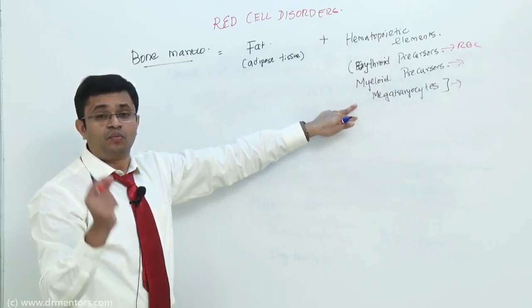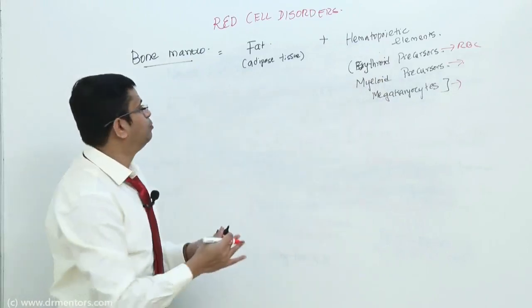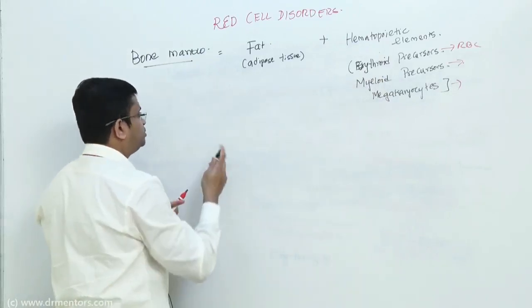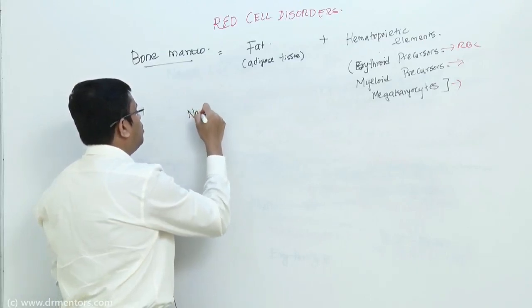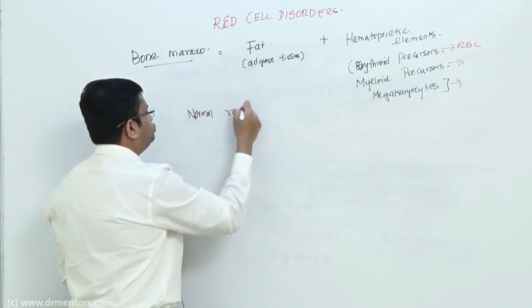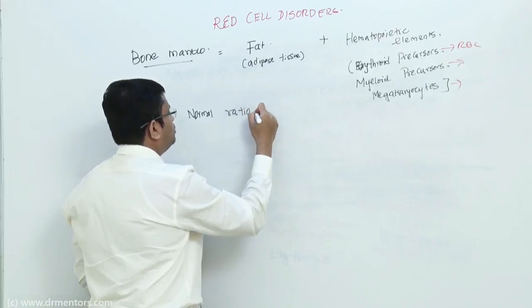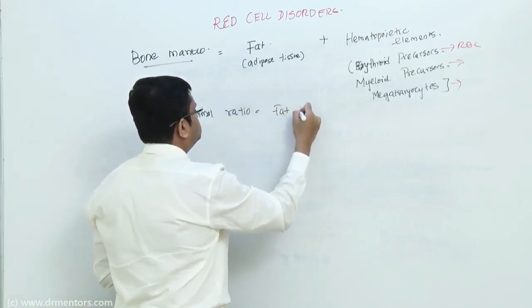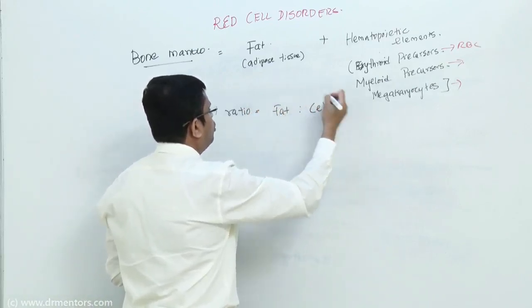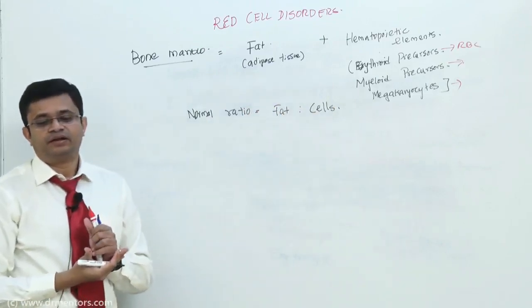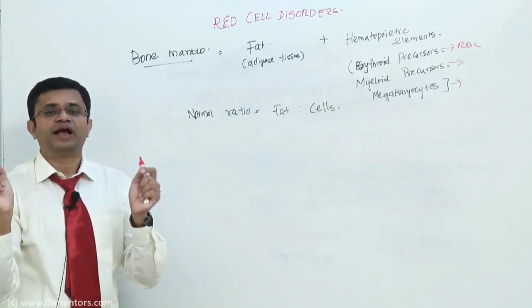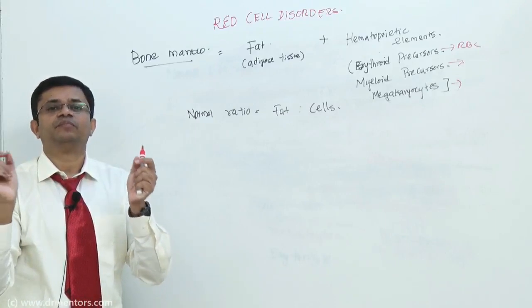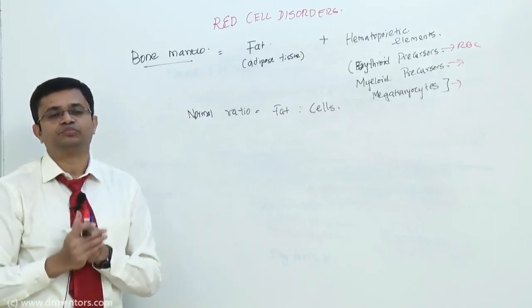Now we'll understand what the normal ratio is. The question in the exam will be, what is the normal ratio of fat to cells? Suppose we have an adult, say 40 or 50 years old, in a middle-aged population.